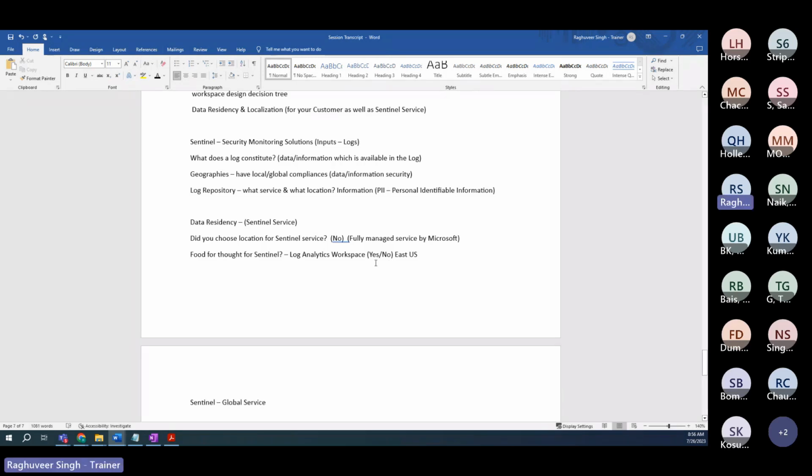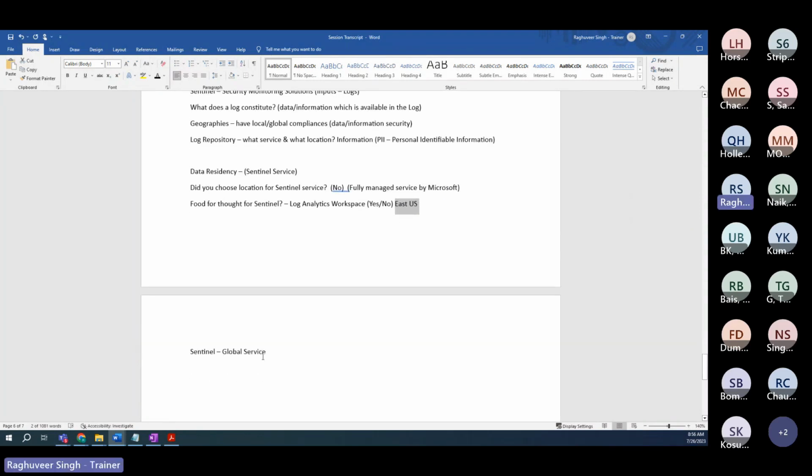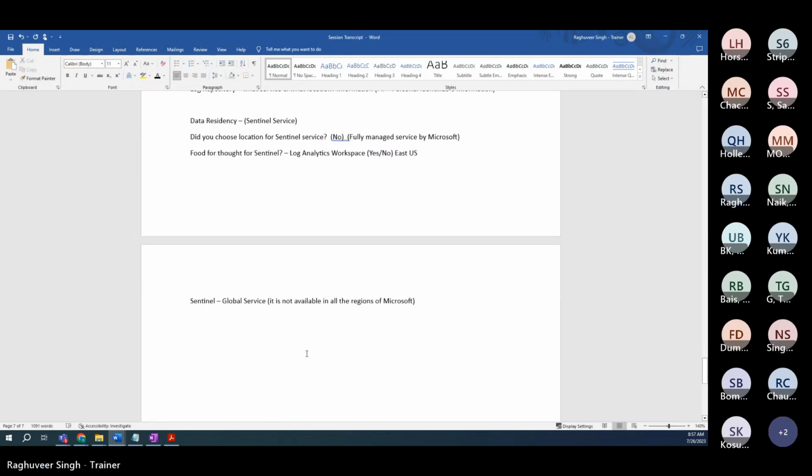Log Analytics Workspace is a regional service because when you create a Log Analytics Workspace, you choose a region. So it's a regional service. But Sentinel is a global service. When I say Sentinel is a global service, it also means that it is not available in all the regions of Microsoft.